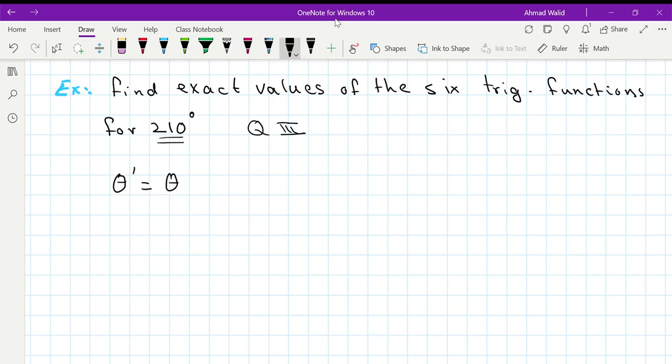Theta minus 180. Here your theta prime equals 210 minus 180. It means your reference angle is 30 degrees.